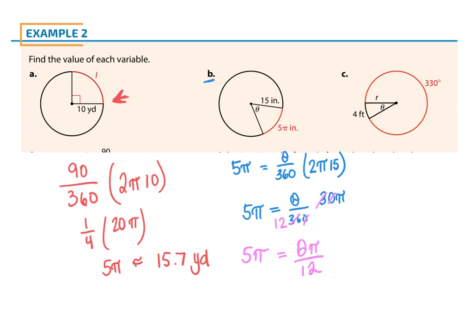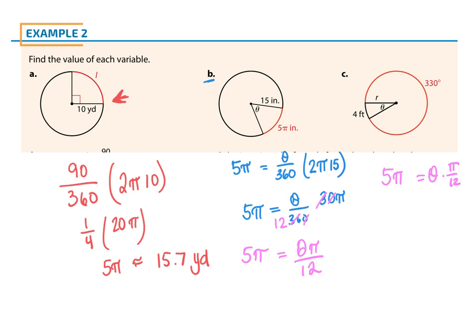How do I solve for theta? Think of it as 5 pi equals theta times pi over 12. This is a fraction. How do I get rid of that fraction?